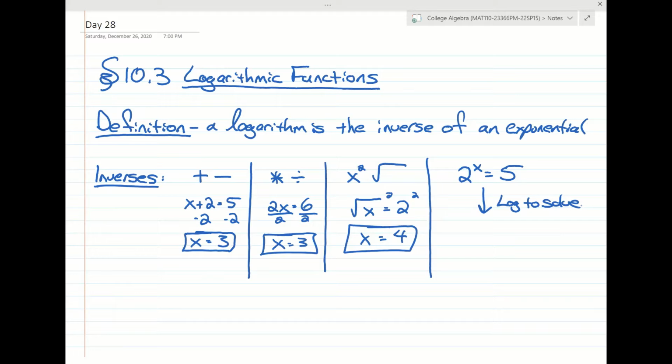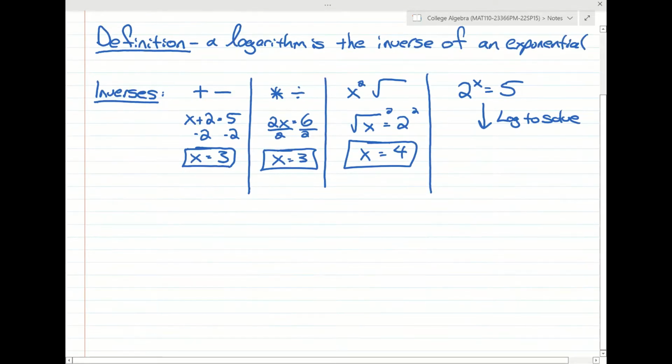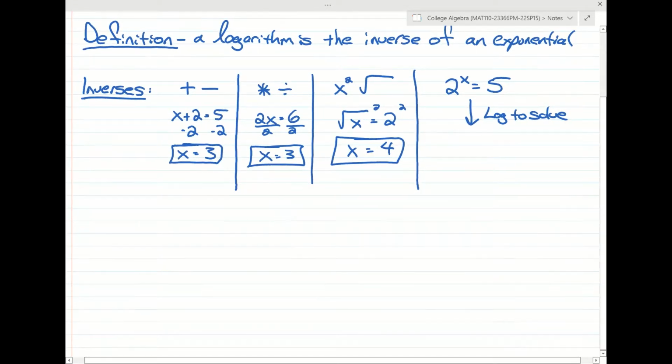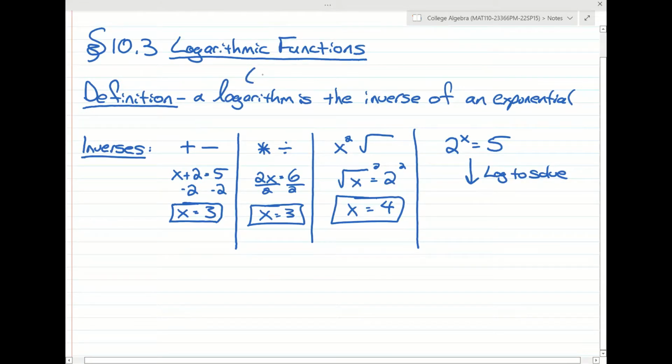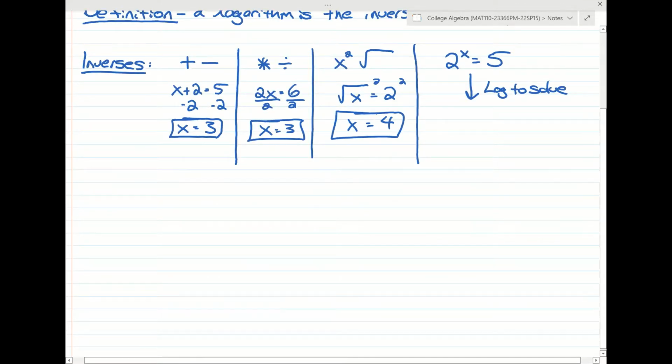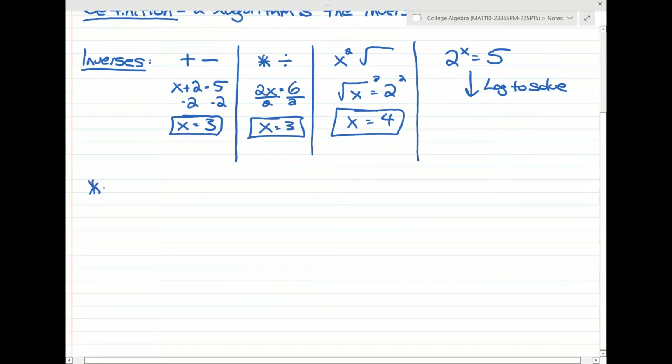The first property I wanted to show you with logs, by the way, logarithm is just a longer way to say log. If I say log, we know that means logarithm. One property to get started is something called the translation property.